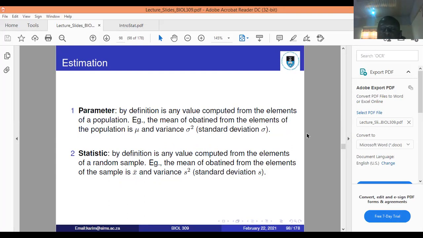Under the binomial distribution, we need to know our probability of success, that is P, and the number of trials that we are going to consider, that is our N.